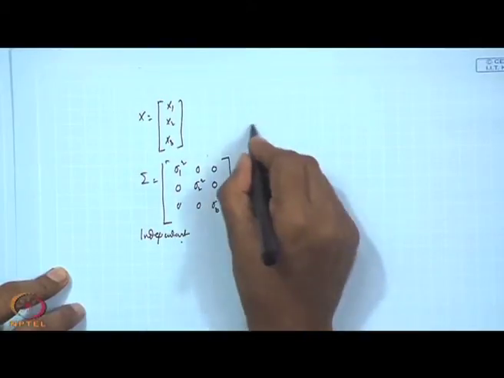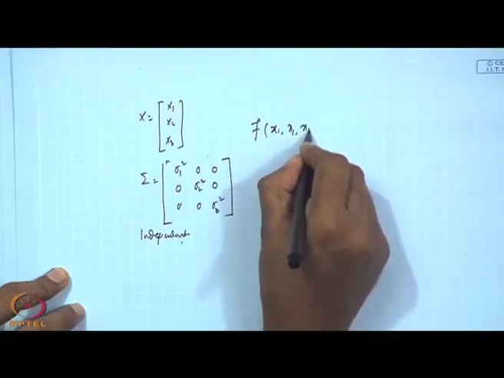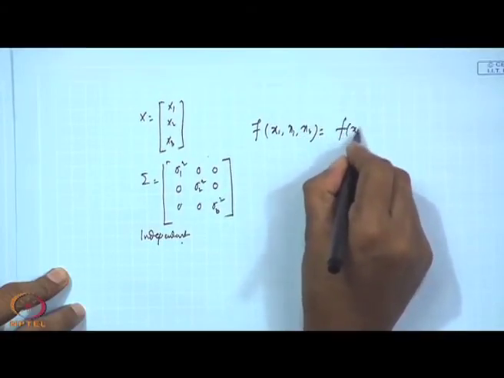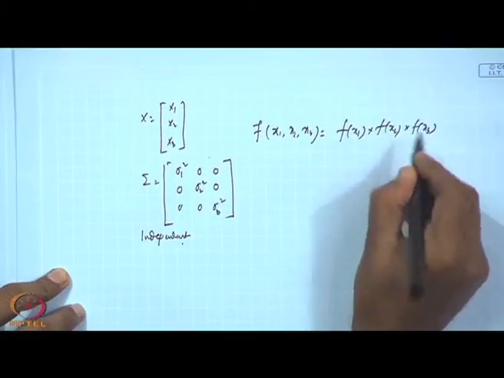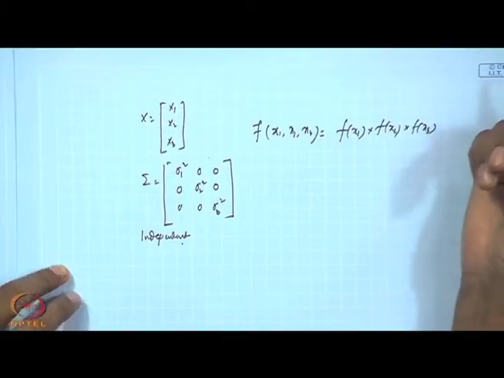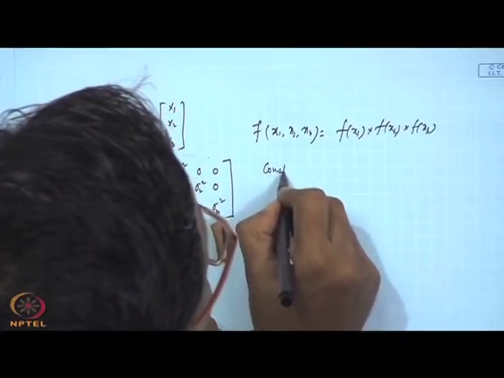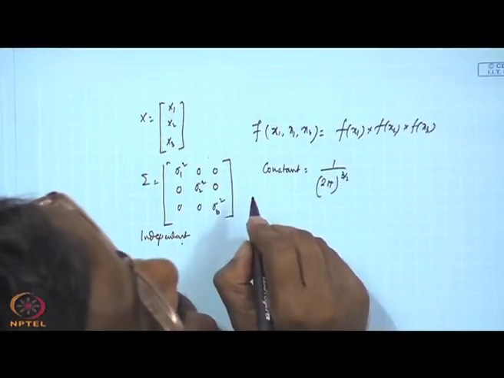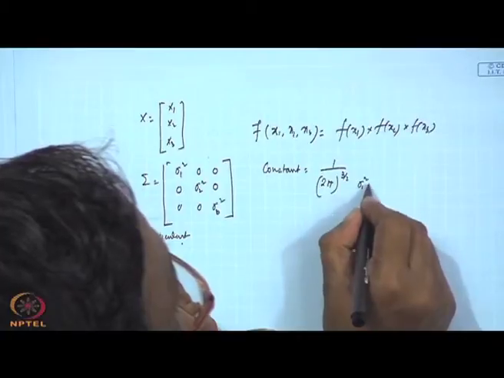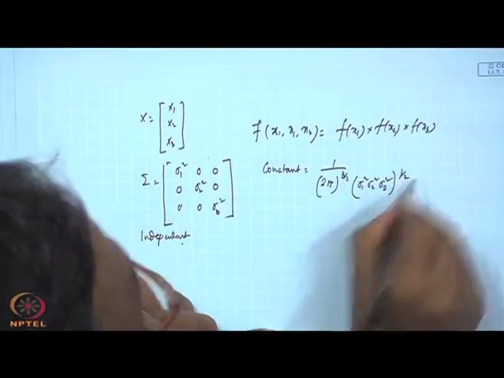Then what will happen again? f(x1, x2, x3) will be f(x1) into f(x2) into f(x3). So, in a similar way, when you multiply, ultimately your constant term will be 1 by (2 pi) to the power 3 by 2, then (sigma 1 square, sigma 2 square, sigma 3 square) to the power half.